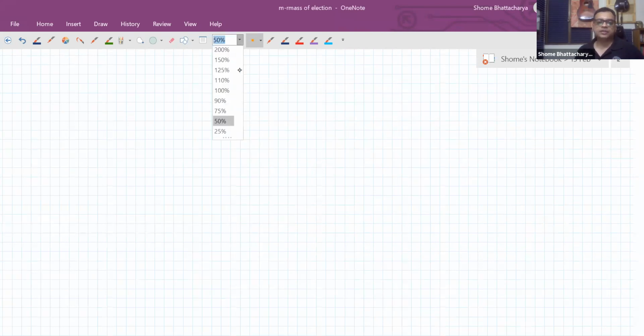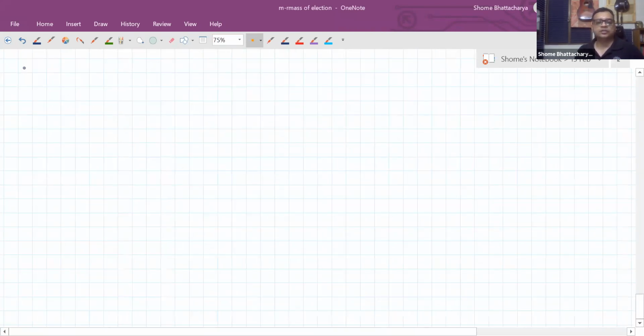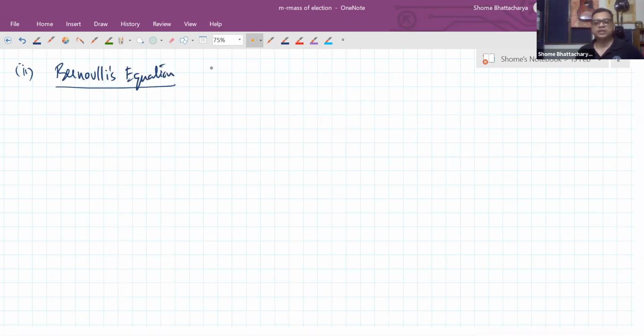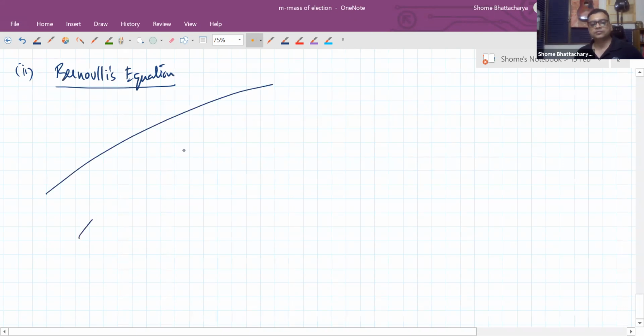And along with this, the second equation that we use in steady or streamlined flow is called Bernoulli's equation. Bernoulli's equation is a type of application of work energy, you can say, for an ideal fluid in steady flow. So imagine we have a section of an ideal fluid which is in steady flow like this.